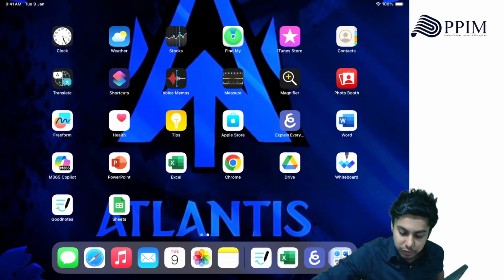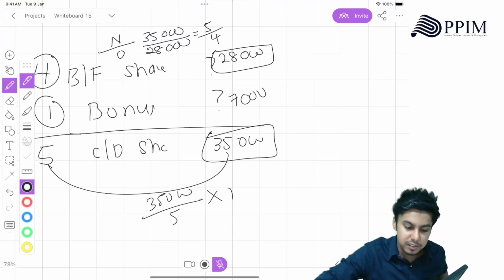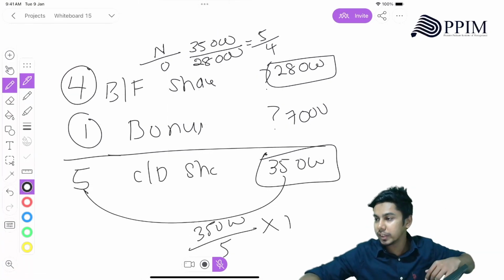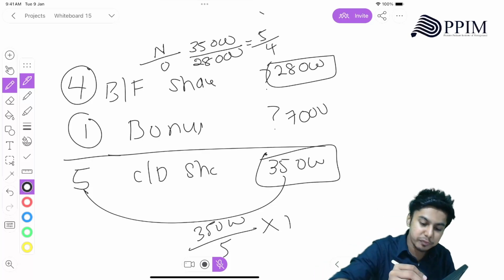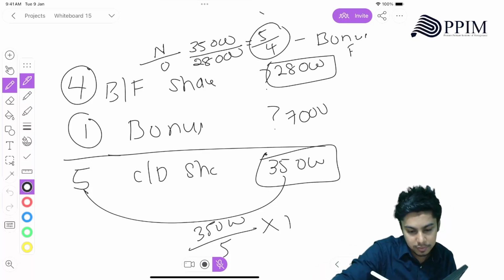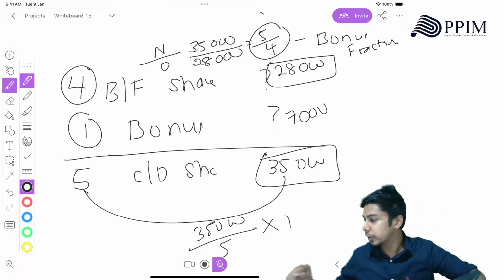Right, first of all, guys, students who want to copy this down, wait. Copy this down, guys, or take a screenshot of it, how I got the answer as 1 over 5 in the first place. And this 5 over 4 is the bonus fraction. So remember, guys, even in part 2 paper like this it can come. So get familiar with it.